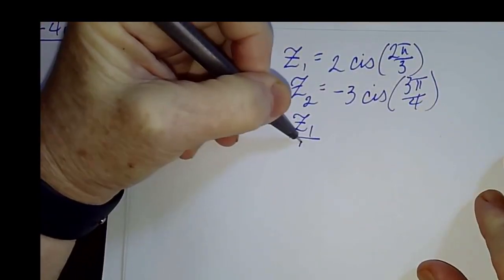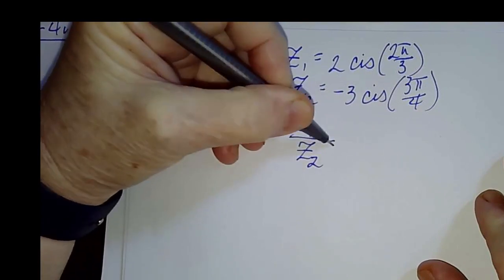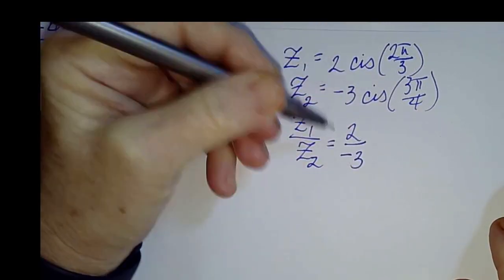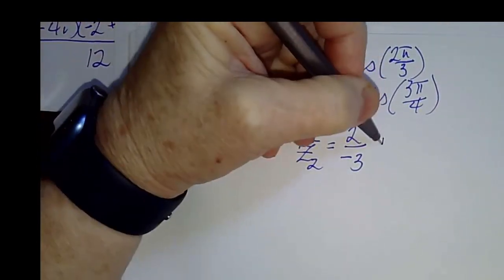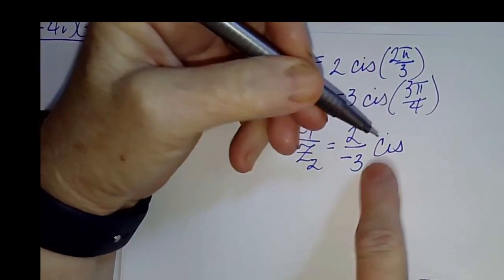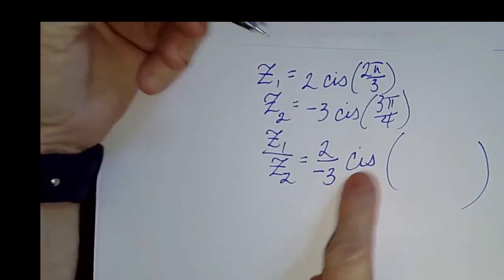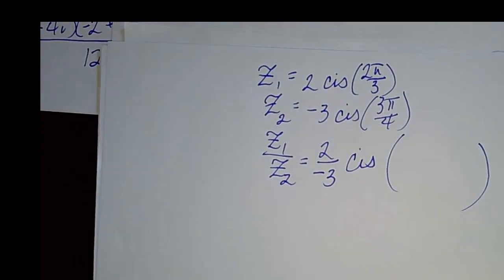And z1 divided by z2 will be 2 divided by negative 3, so r1 over r2. And then the cosine plus i sine. And both angles are always the same, which is why this notation exists.